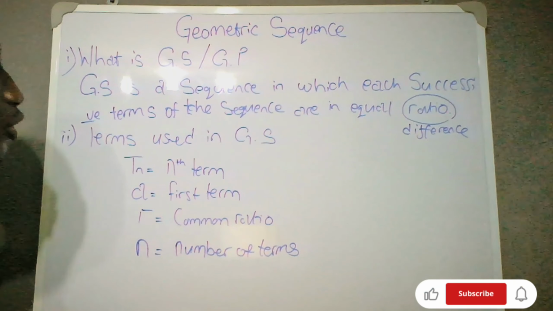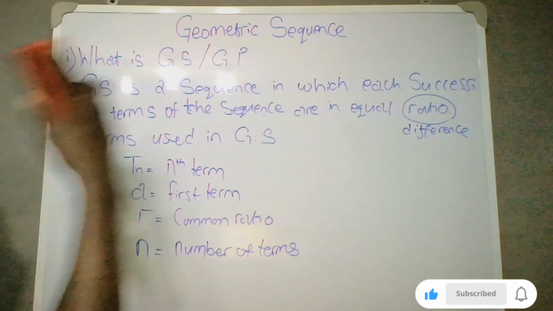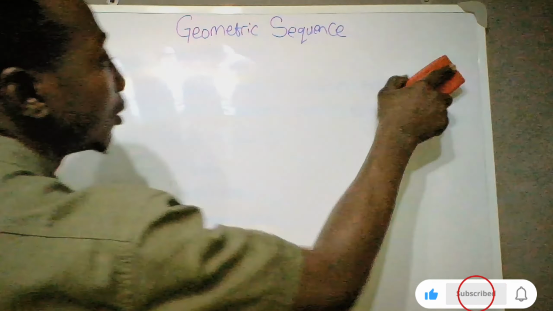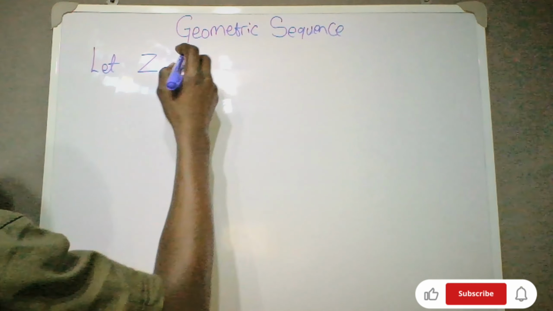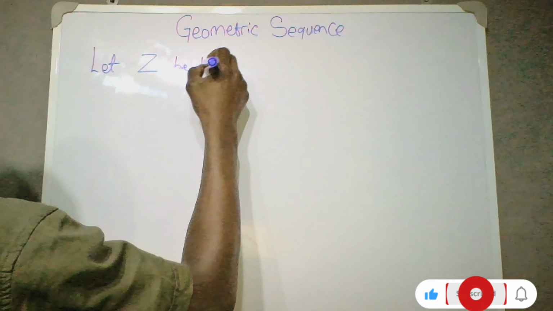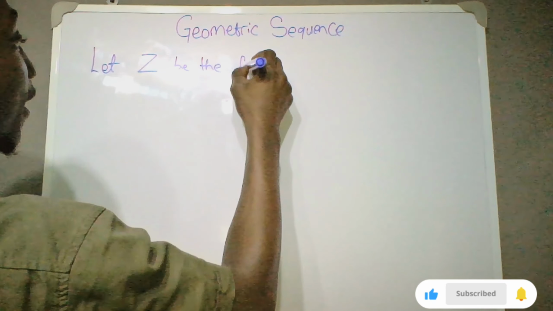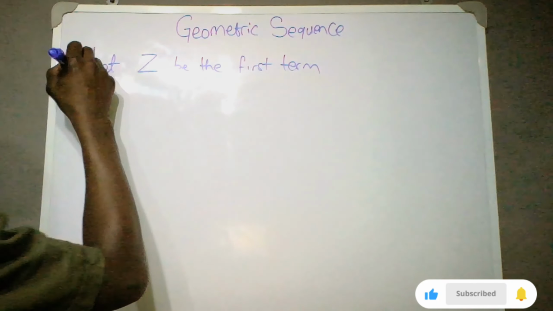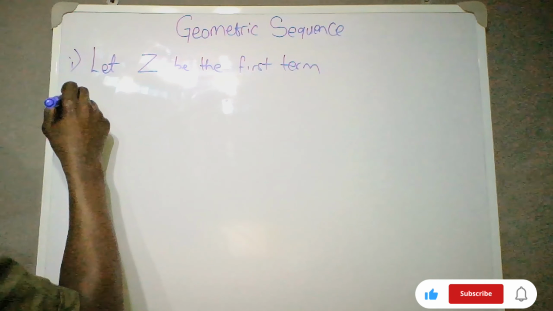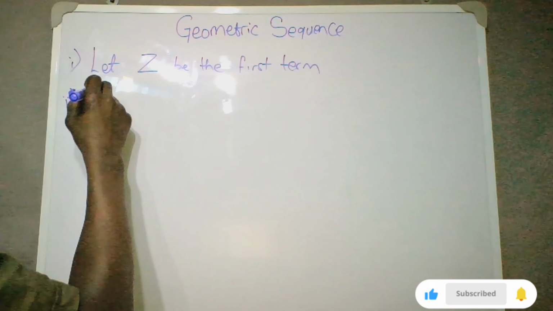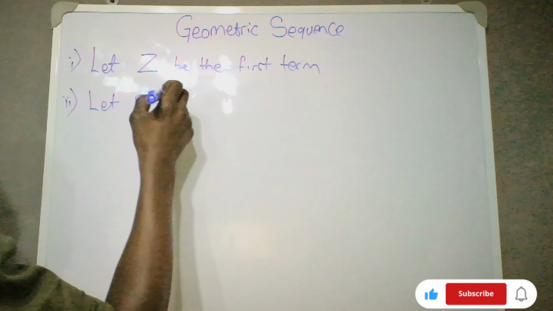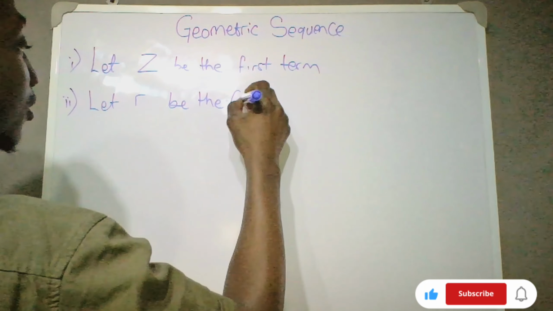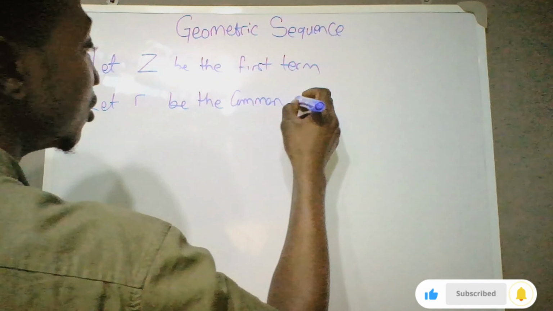So to further explain what all this means, let Z be the first term, let R be the common ratio.